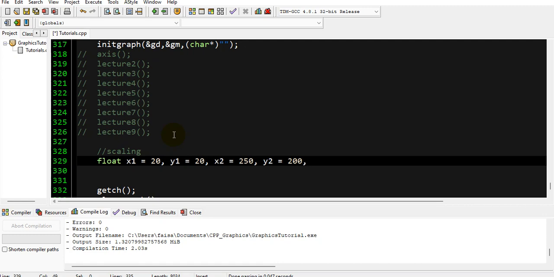And at the last we need a scaling value, right? We will scale our shape with, you can say, 3.2, right?